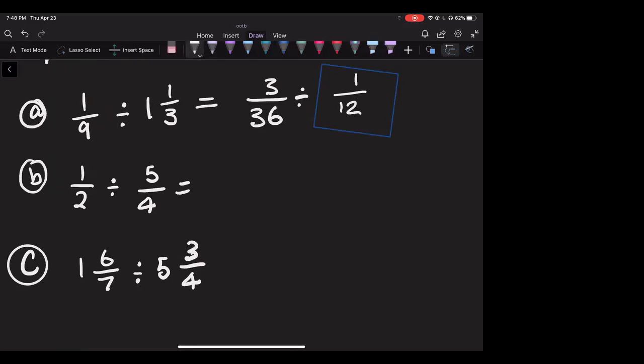For the second one, the answer is 4 over 15. Yes, good job. And for the last one, the answer is 28 over 299.